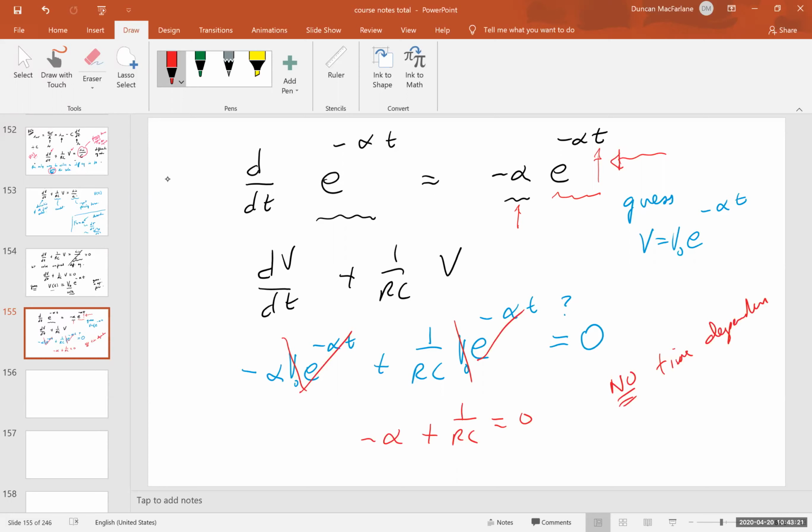Okay, so when I eliminate the time dependence, this is the definition of what I mean by solving a differential equation: that this equality holds for all time.